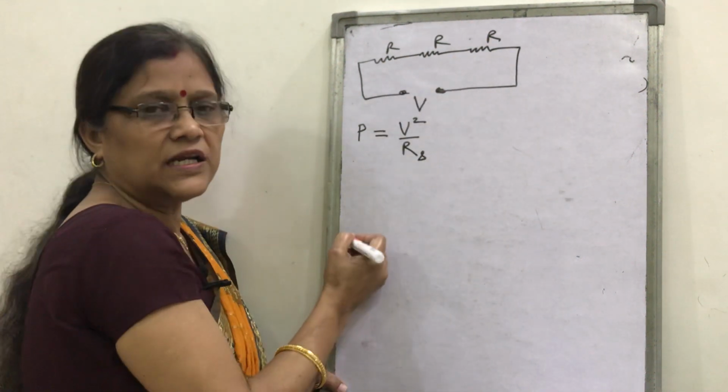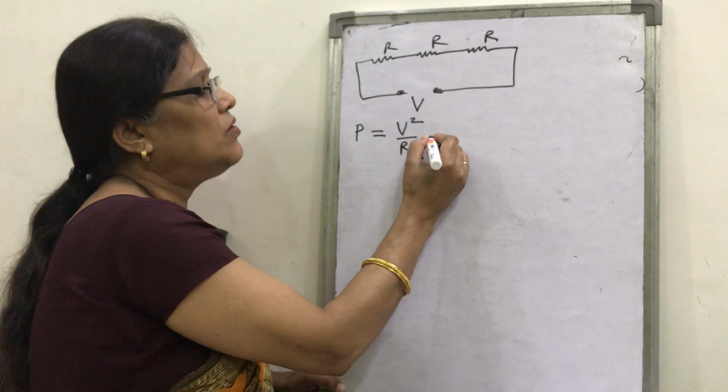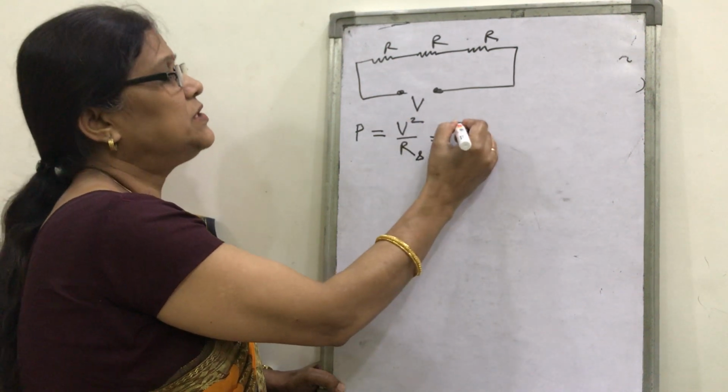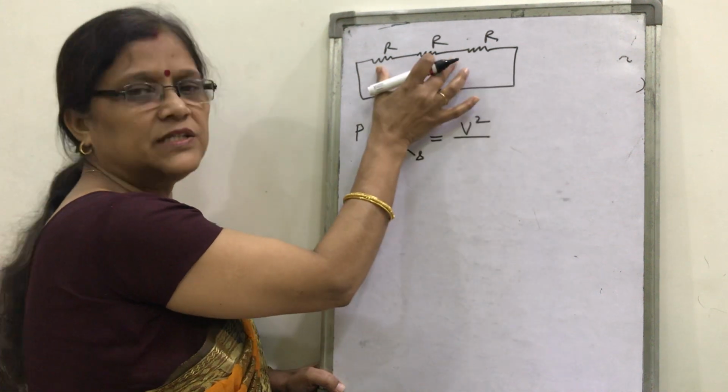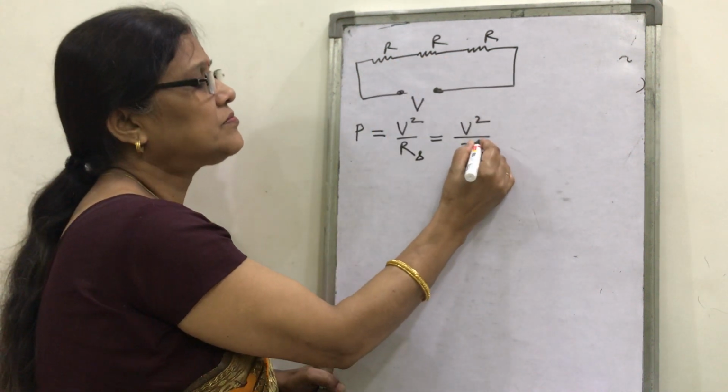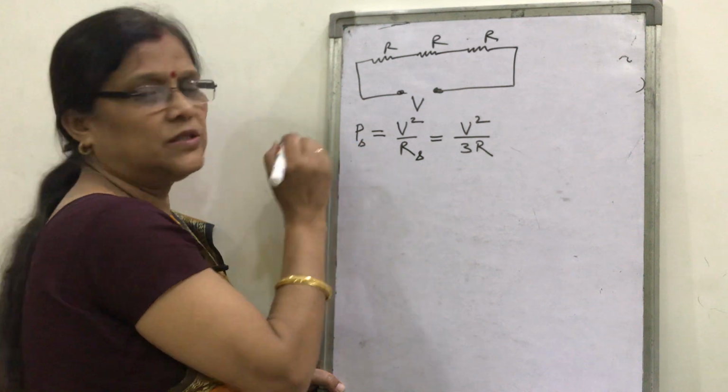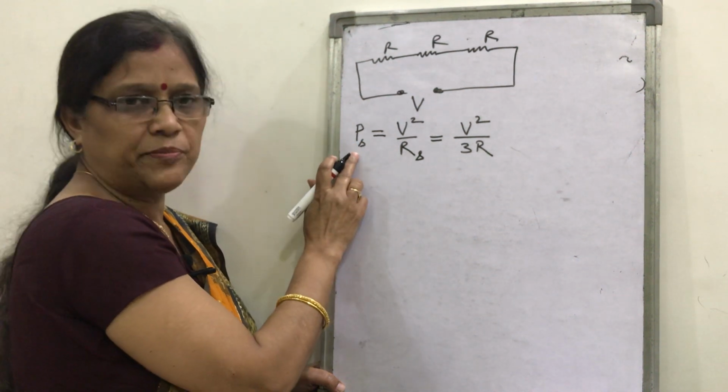You write here Rs. So this is V square upon Rs, and Rs in series is 3R. This power in series, you can write as Ps.